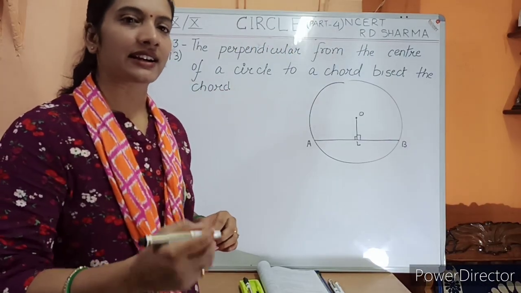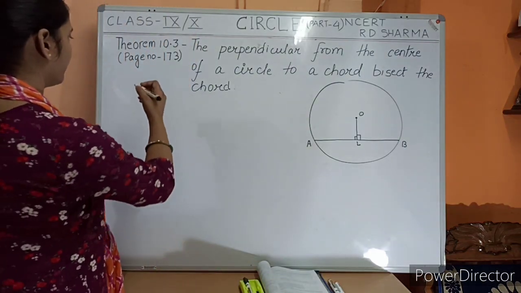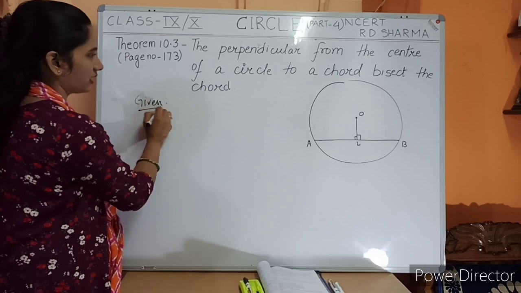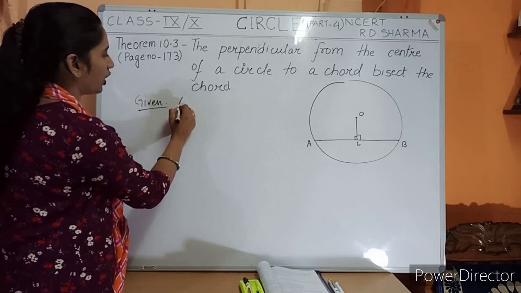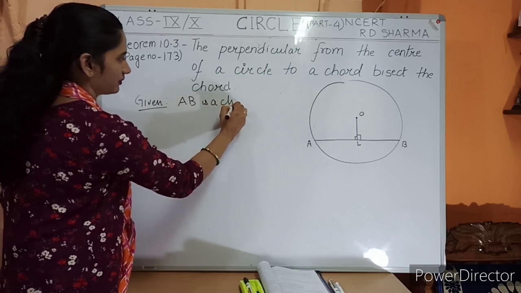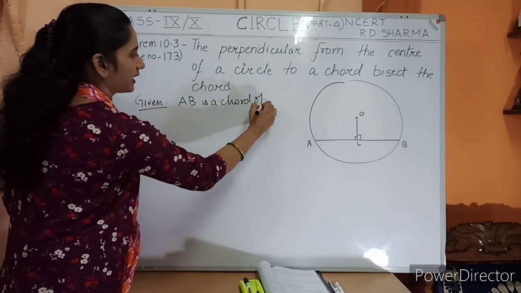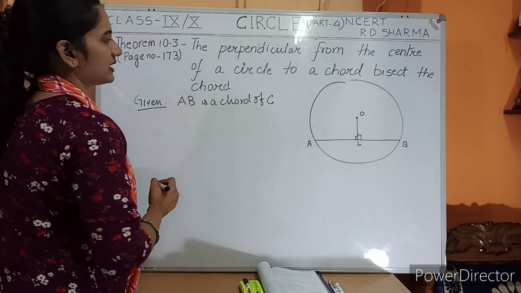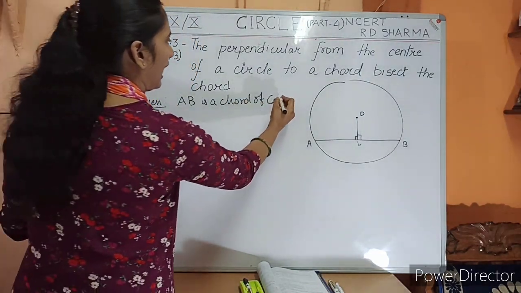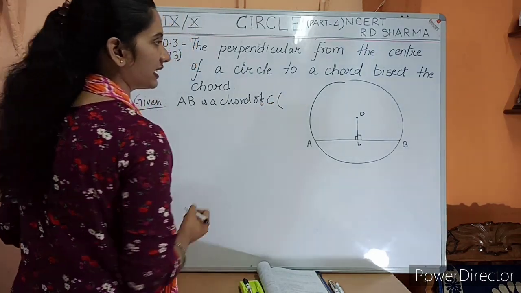So children, let us write down what is given here. In given we will write, AB is a chord of circle C. See, let us suppose this circle's name is C, and how to represent any circle?